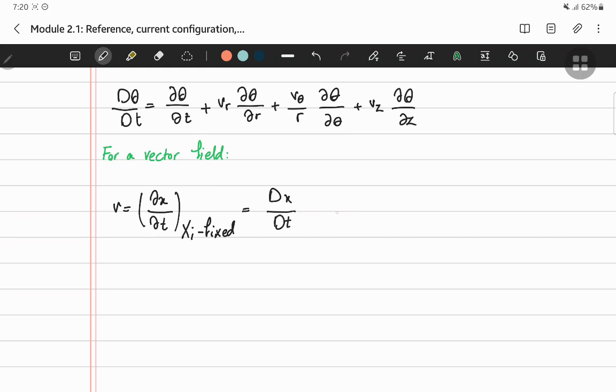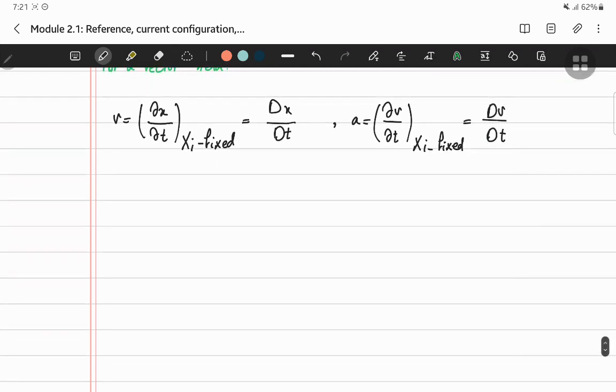But if you have something like acceleration, it is the partial derivative of v with respect to t, where capital X is fixed. Basically, this is equal to dv dt, where this v, as you see here, is a vector.